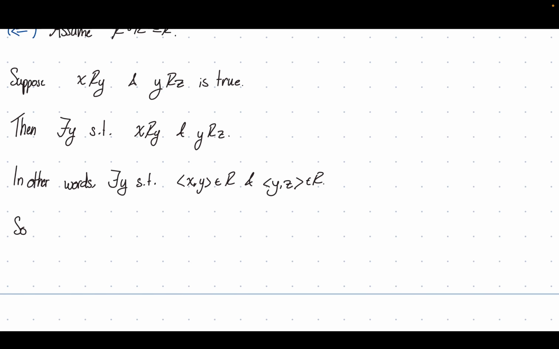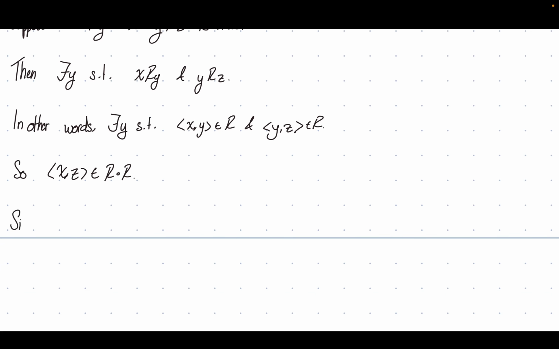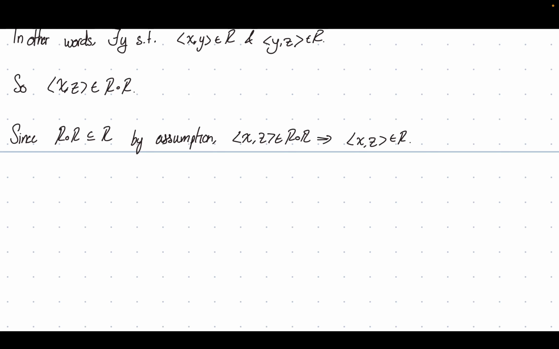So X comma Z must be in R composed R. And now since R composed R is a subset of R by assumption, X Z being in R composed R implies directly that X Z is in R as well.